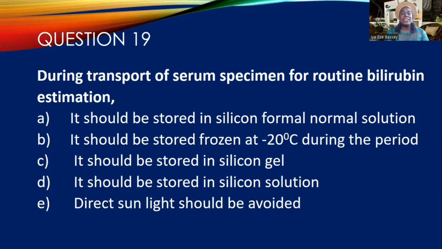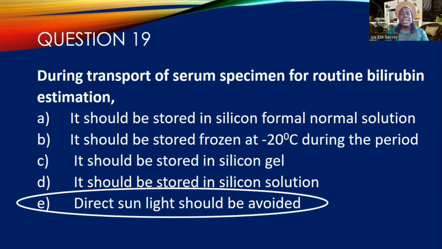E, direct sunlight should be avoided. Bilirubin is photolabile. If you expose it to sunlight, its concentration will reduce because the bilirubin is going to disappear. That is why if you have a baby with jaundice, the home treatment sometimes is to sun the child, because bilirubin is photolabile. So I would go with E, direct sunlight should be avoided.